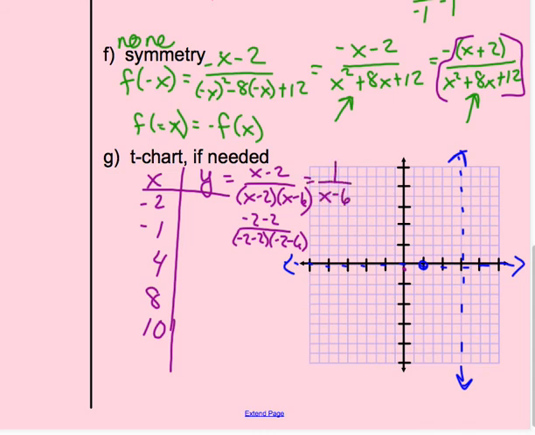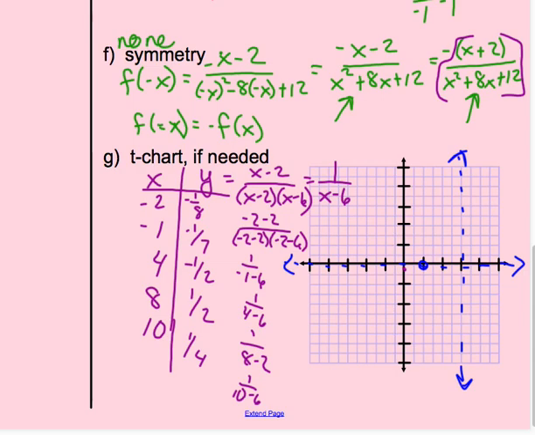That would be easier as well. So we get 1 over -8. Substituting -1, we get -1/7. Substituting 4, we get -1/2. Substituting 8, we get +1/2. And substituting 10, we get 1/4.